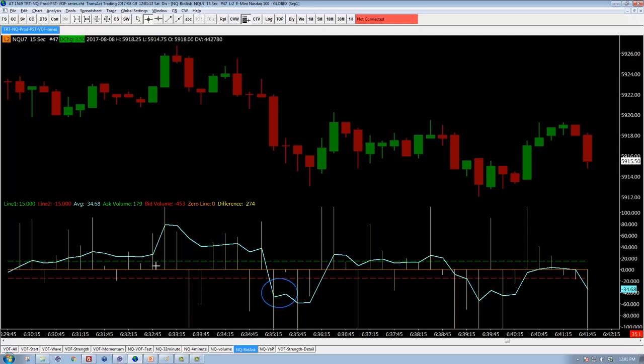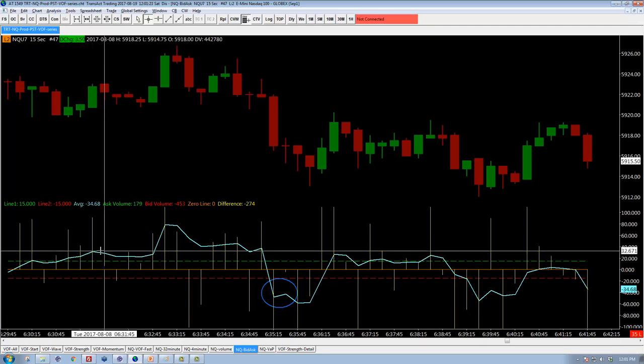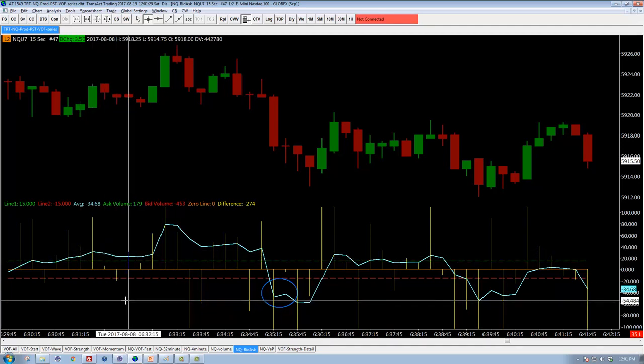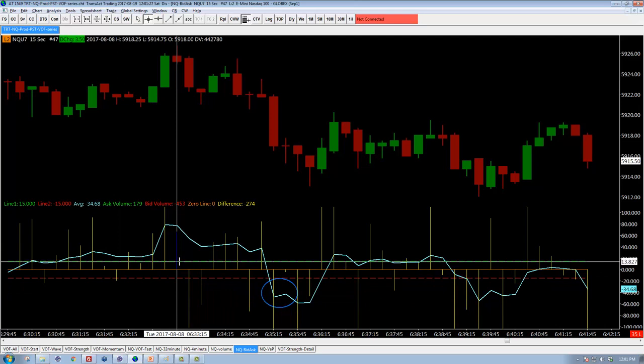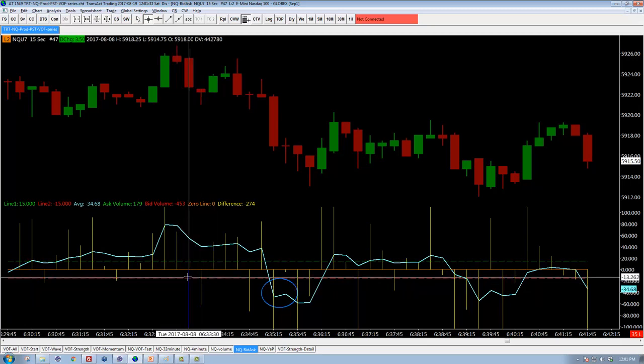Are we seeing more aggressive buying, or more aggressive selling? I specifically use a level here where if the moving average crosses that level, that's a threshold for me to say, yes, I see long momentum or short momentum in the market. This threshold for the NQ is plus 15 and minus 15. That has to be tuned per market, by the way.